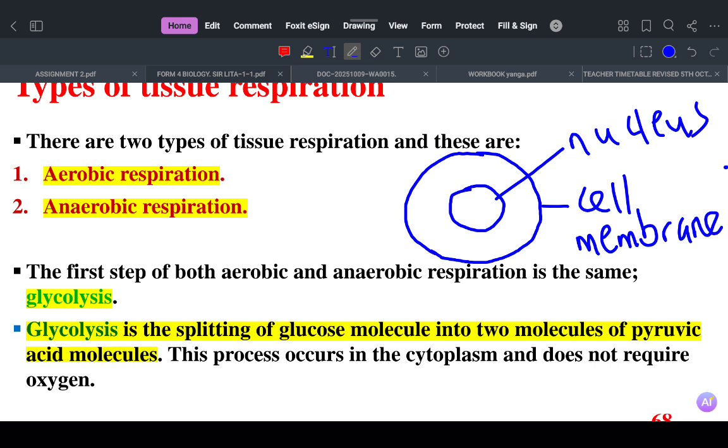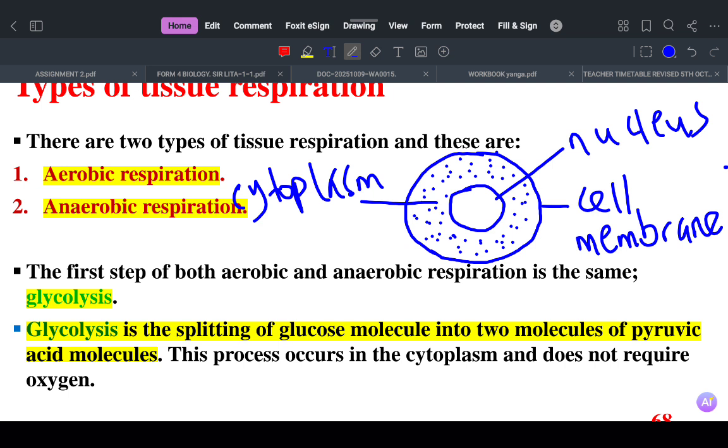Of course, you have mitochondria, the sites where respiration takes place. You have other organelles inside there, the endoplasmic reticulum, and others. So the process of glycolysis takes place in the cytoplasm.